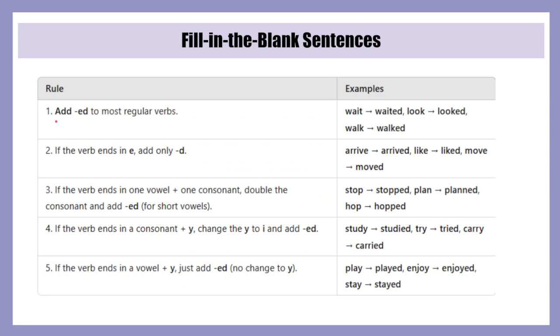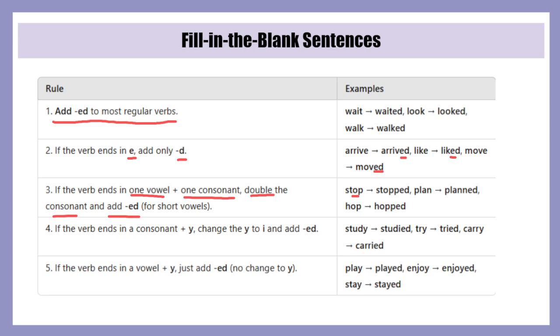So, like I said, for most verbs, we add ed. Wait, waited. Look, looked. Walk, walked. If the verb ends with e, just add d. So only add d. Arrive, arrived. Like, liked. Move, moved. If the verb ends in one vowel and one consonant, double the consonant and add ed.